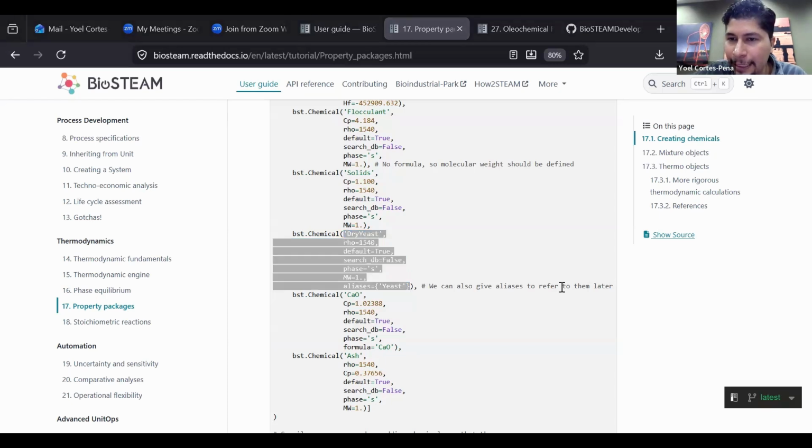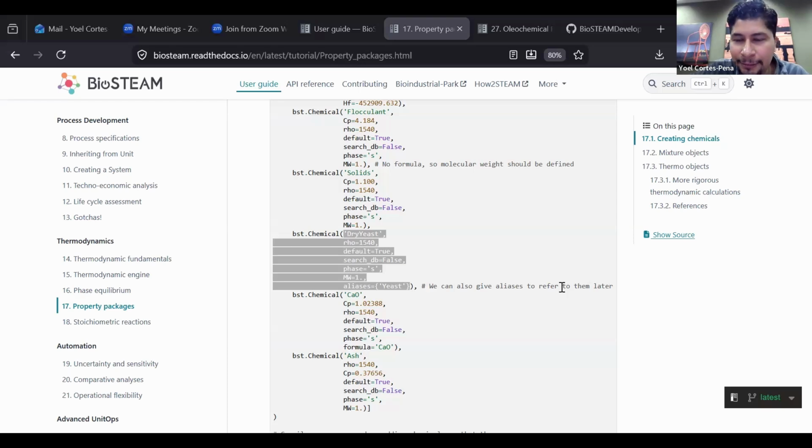Now, Barath has another question. Can BioSTEAM be used to model oil and gas processes or others other than bio-based? Yes, it can. It's getting more usable for those applications. For example, recently we introduced the Gibbs equilibrium reactor, which solves for an equilibrium reactor that minimizes the Gibbs free energy. This is very common in oil and gas processes.